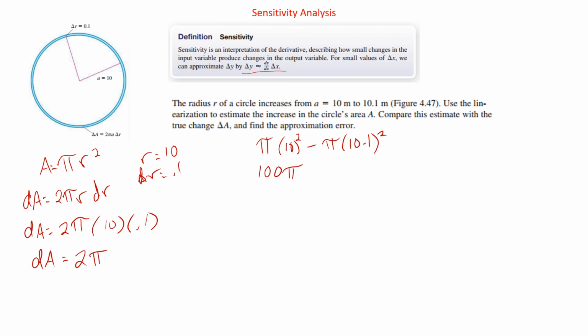Now we should probably flip these: negative 100 pi plus, since the 10.1 is bigger, 10.1 squared is 102.01. When we subtract 102.01 minus 100, we get 2.01 pi. So that's the actual change.